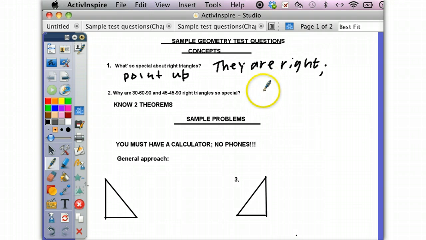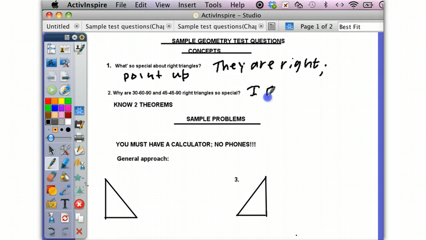Well, one thing I'd like you to know is that if you know one side, you know them all. Like for example, over here on the board where I show you, if you got the shorter leg as 5, I can't really point it. If you got one leg, you know them all. Okay? So that's kind of in general.